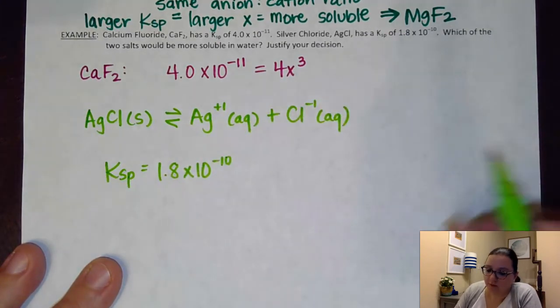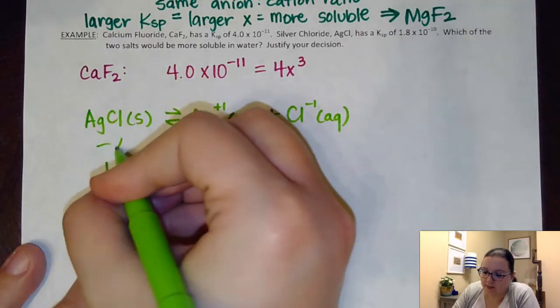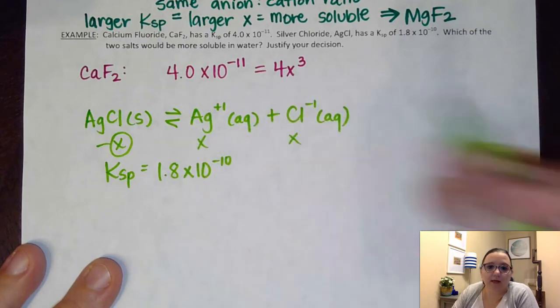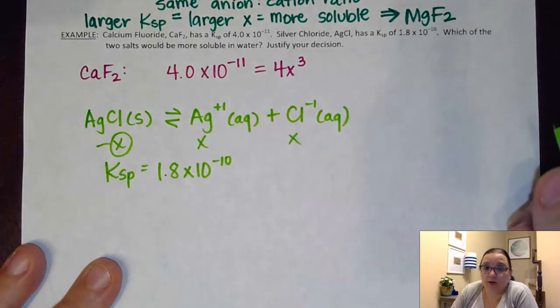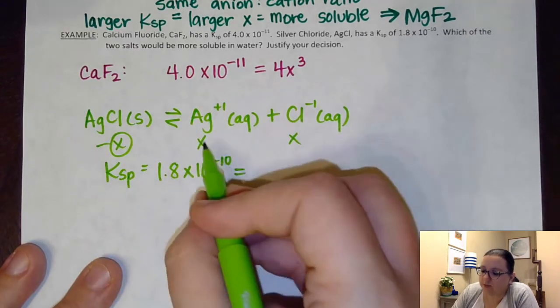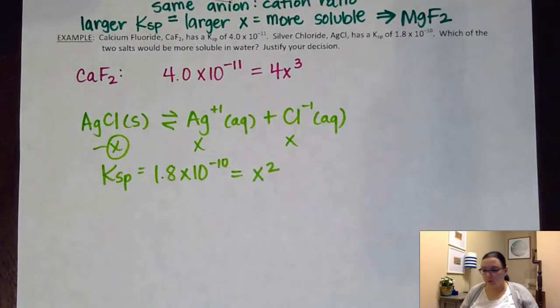If I want to figure out the solubility, what is that X? Here, this is just going up by X and X, right? Because it's a 1-to-1 ratio. So this KSP is going to be equal to X times X, or simply X squared.